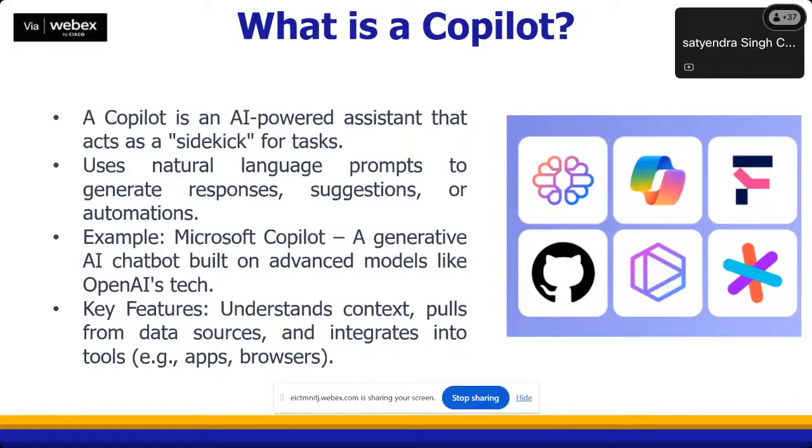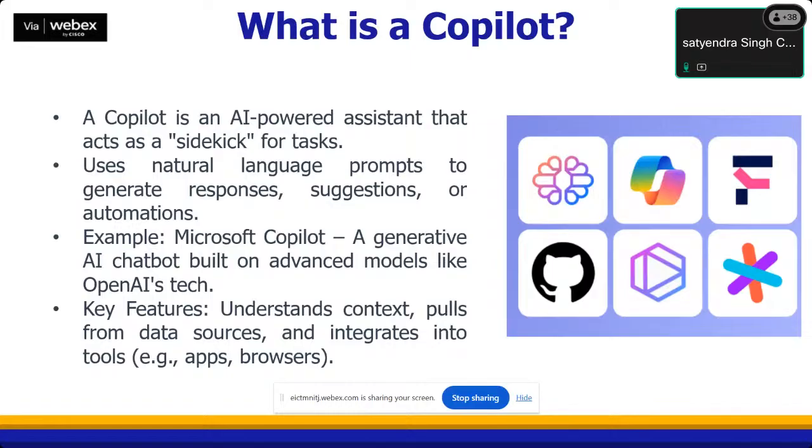So you might be familiar with ChatGPT and Grok or DeepSeek or any other LLM, where you give the prompt and it generates the response. However, Copilot is something more specific to your task.